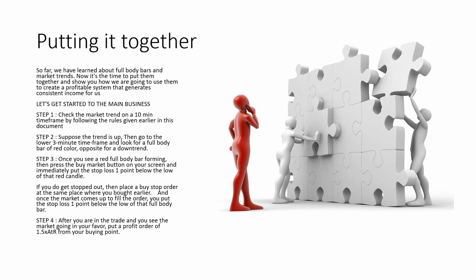Once you see a red color, you buy on the close of that full body bar, and immediately put a stop loss 1 point below it. If you do get stopped out, enter a buy stop order again near the close of that red bar. And once you get filled again, you put the stop loss again 1 point below that candle.